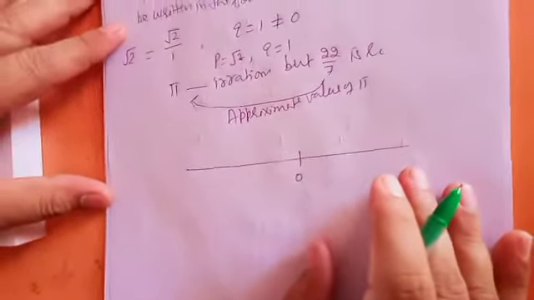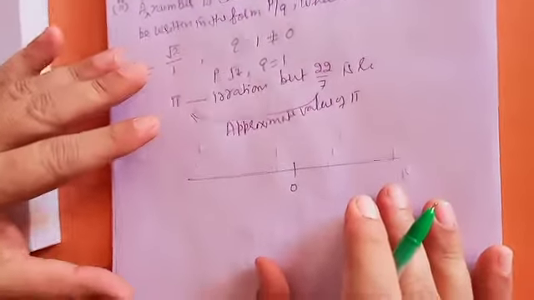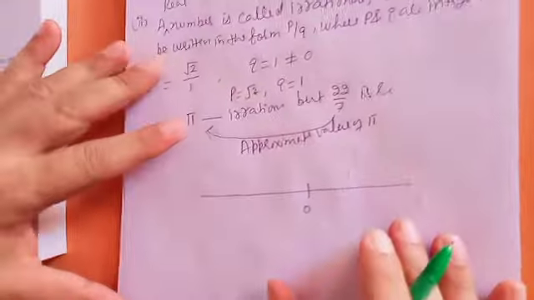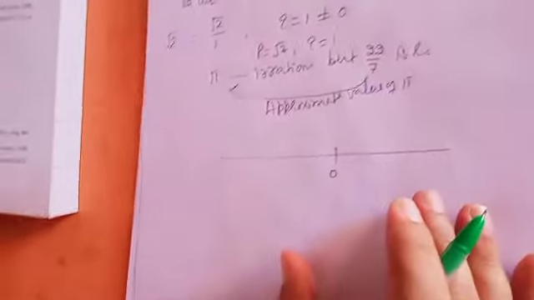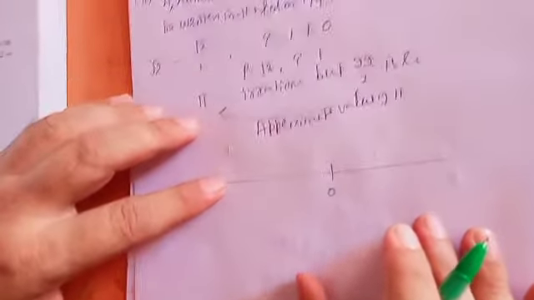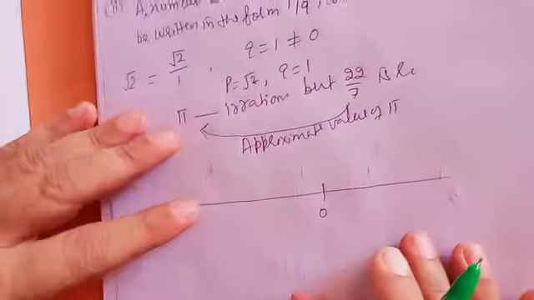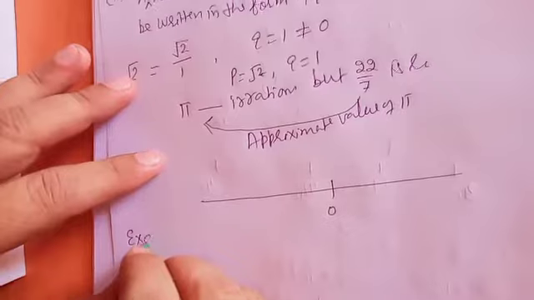But the next question in your mind is: how can you represent √2 on the number line? It means, how can you represent an irrational number on the number line? I am taking an example and telling you. Example number 3, page number 7.